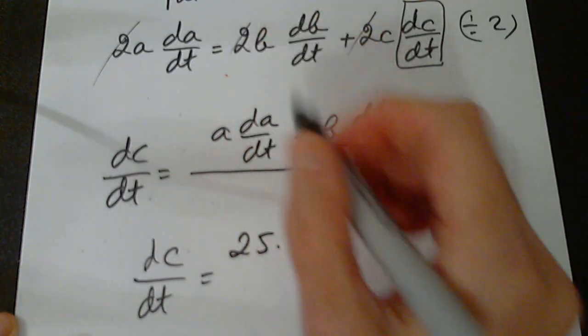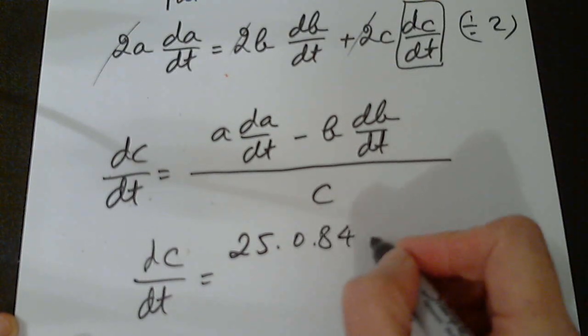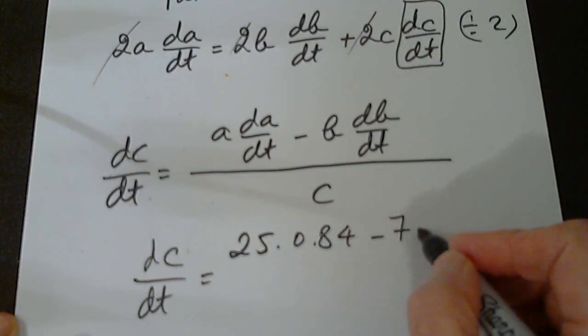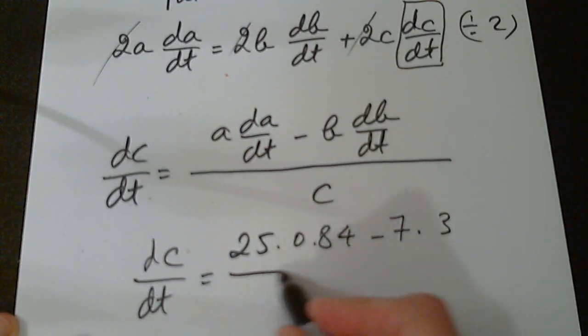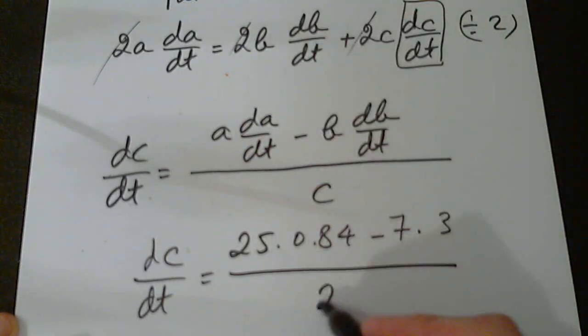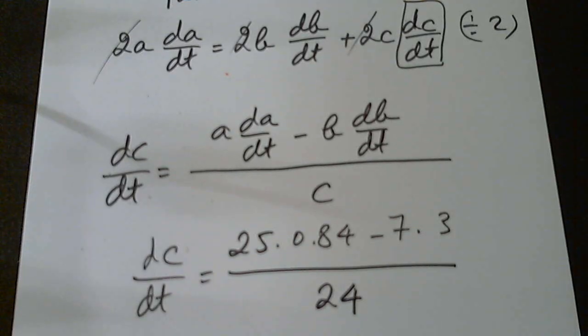dA over dt is 0.84, minus b, given to us as 7, db over dt is 3, and everything divided by c, which is 24. Careful how you enter it in the graphing calculator, please.